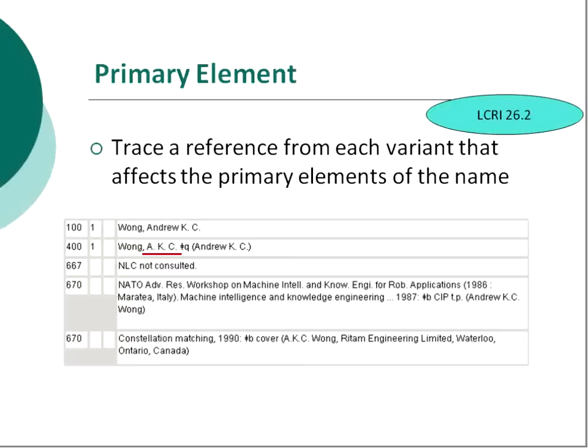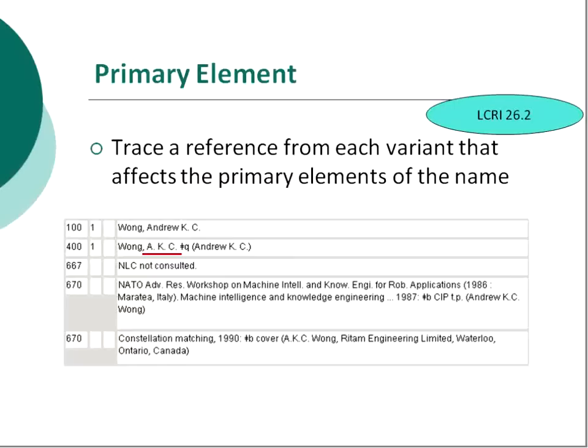So we trace a reference from each variant that affects the primary element of the name. So think about primary element taking effect here; it needs to be considered when you provide a cross-reference.